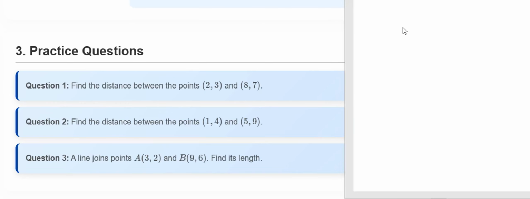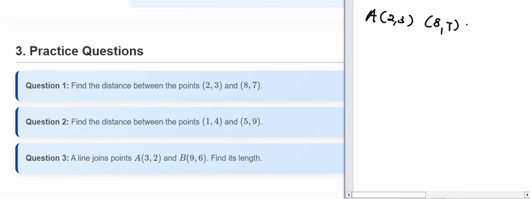Can we try another example here? Here I have 2 points, which are (2, 3) and (8, 7). So let me say point A is (2, 3), and point B is (8, 7). So I can call this x1, this y1, this x2, this y2.